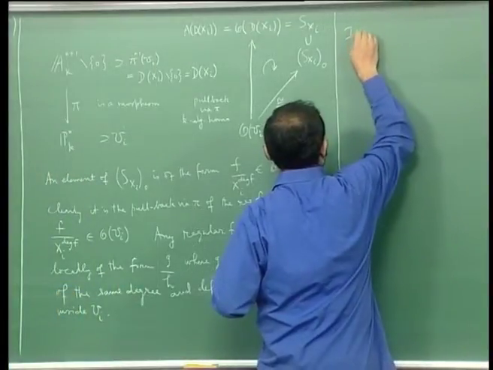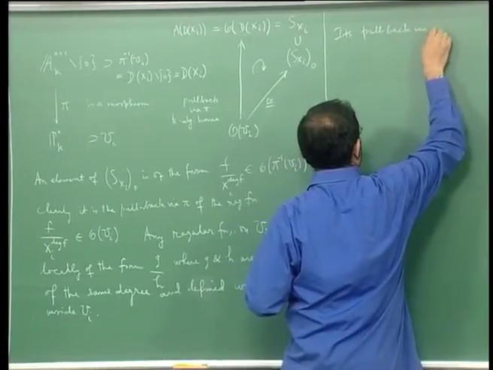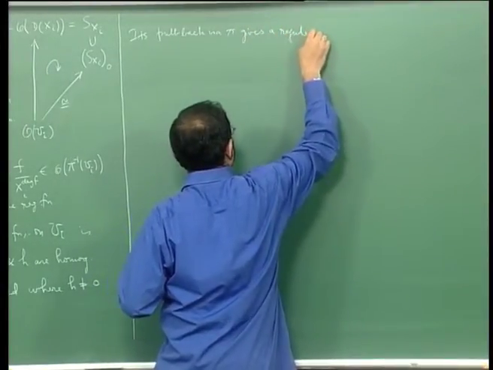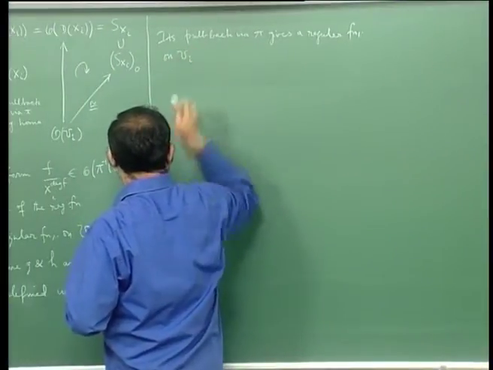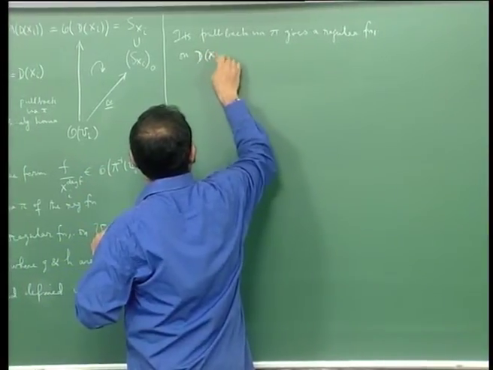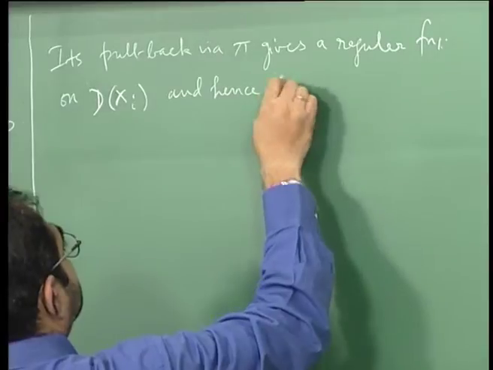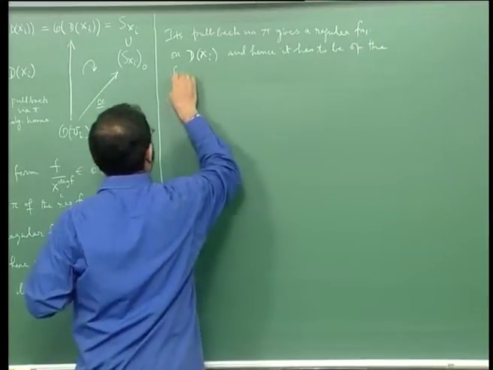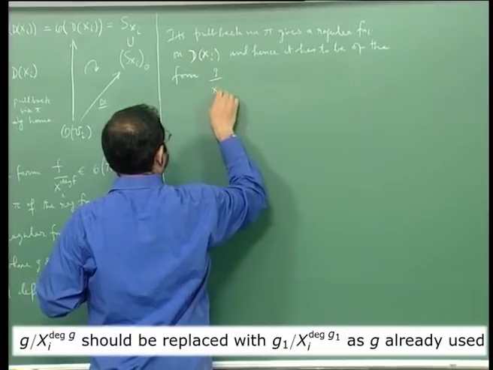Its pullback via pi gives a regular function on dxi, and hence it has to be of the form g by xi to the power of degree g.